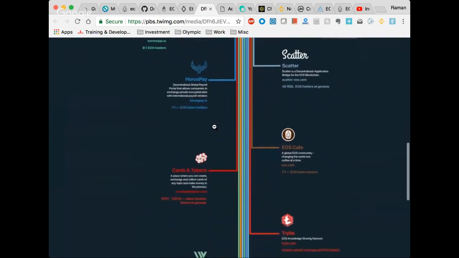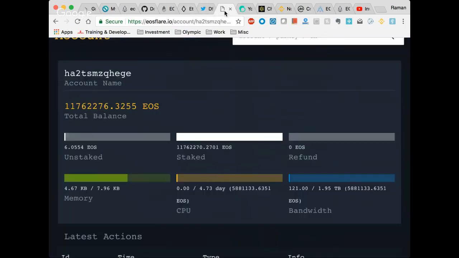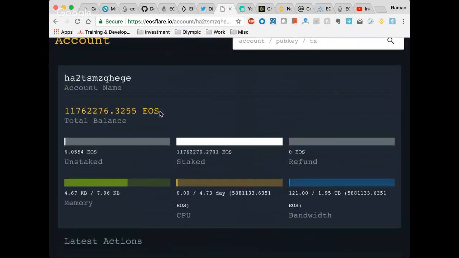So how does EOS work? Let's go back to this. When you have certain EOS tokens, you can use them to access memory, CPU, or network bandwidth. As you see, this account has a huge amount of tokens, so it is allocated a very big amount of bandwidth, which is 1.95 terabyte, 4.73 days worth of CPU, and 7.96 memory.